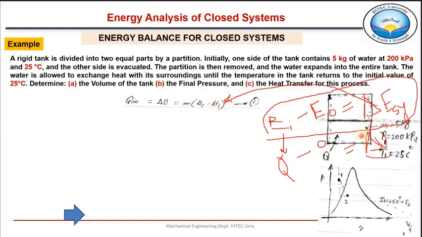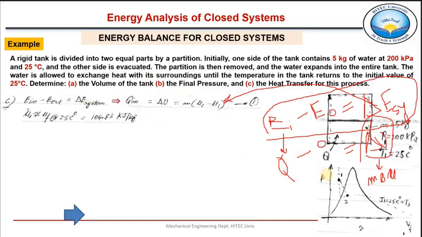So this delta U is equal to mass into small delta u, where small delta u is u2 minus u1, final state minus initial state, that is the change in internal energy due to this heat transfer which is going into the system. Alright, so here I have explained how we have derived this equation.